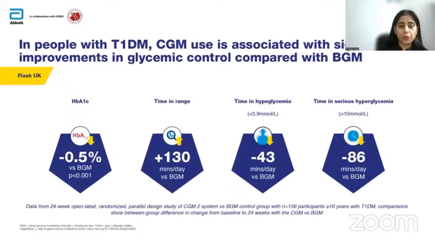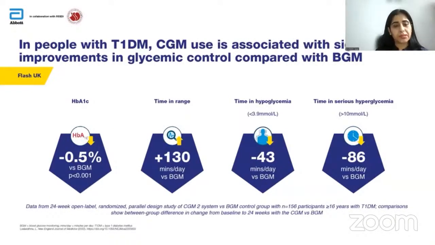Now, this is the FLASH UK study. This is a 24-week open label randomized parallel design study of the CGM system versus the blood glucose monitoring control group. 156 participants were more than 16 years of age.